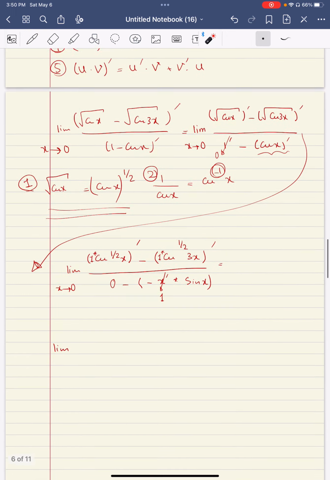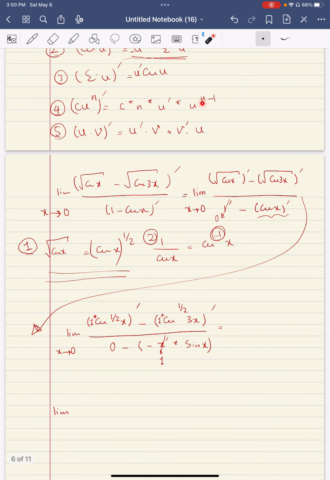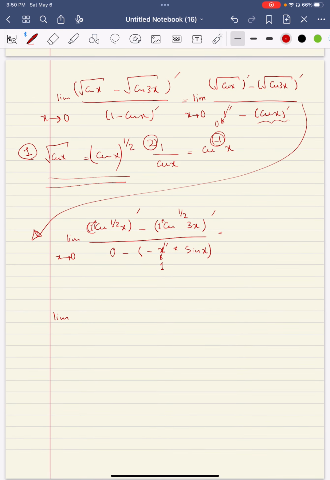It wouldn't harm actually. And I'm going to use the fourth rule, c u to the power of n prime. So my c is 1 in here, my u is cosine x in here, and my n is 1 over 2, right? So I'm going to apply this rule, c times n times cosine x prime or u prime times cosine x or u to the power of n minus 1, 1 over 2 minus 1, minus the same thing here.